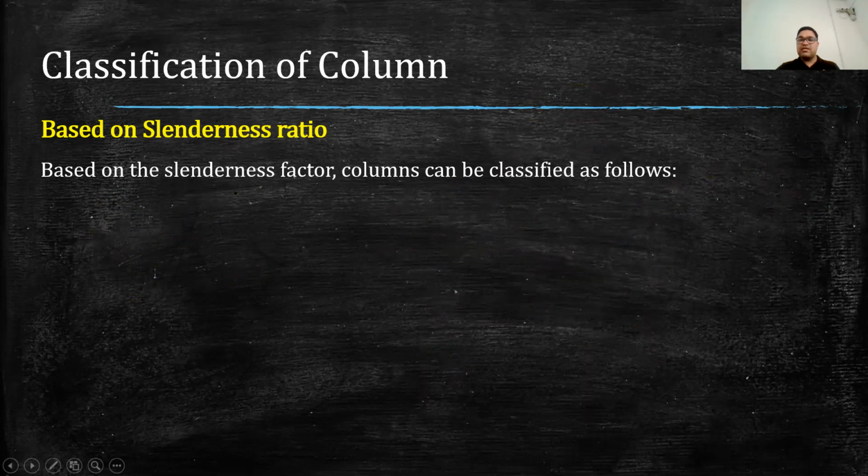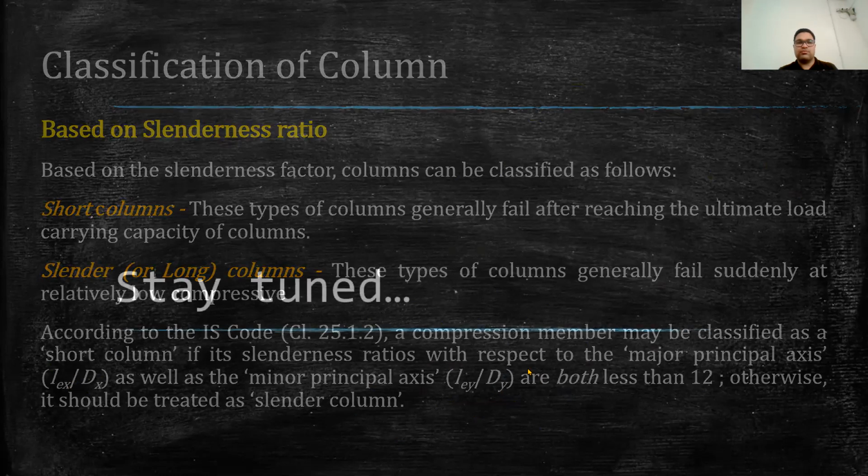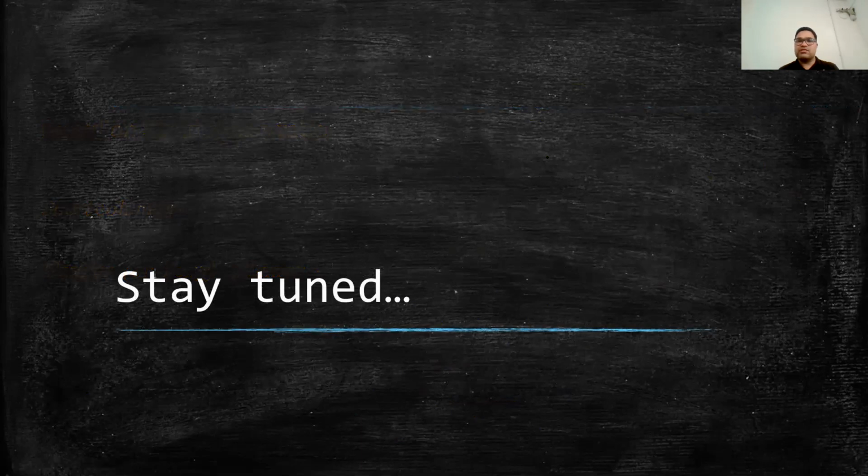This understanding of axes is very important when we place columns in our plan. That is how we calculate LEY by DY or LEX by DX, where DX is the dimension along the x-axis and DY is the dimension along the y-axis. If the ratio is less than 12, it will be known as a short column, otherwise a long column. We will continue our discussion in the next part.